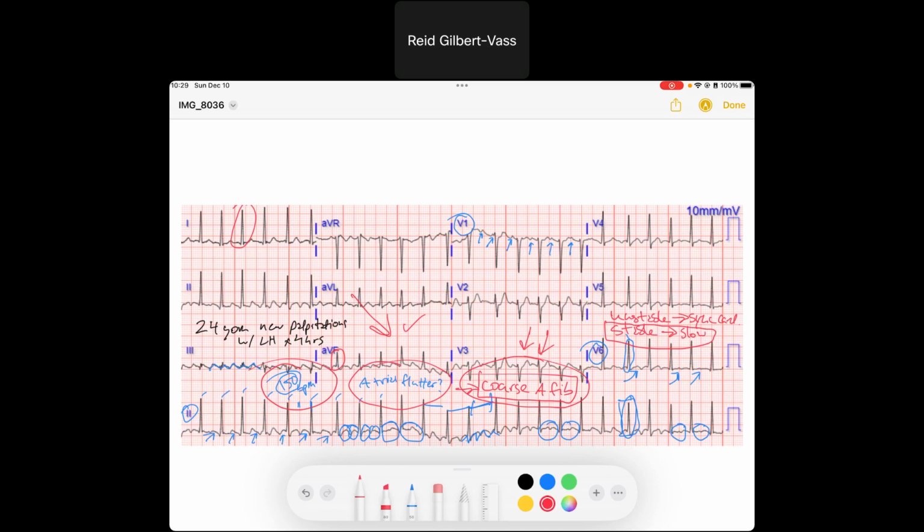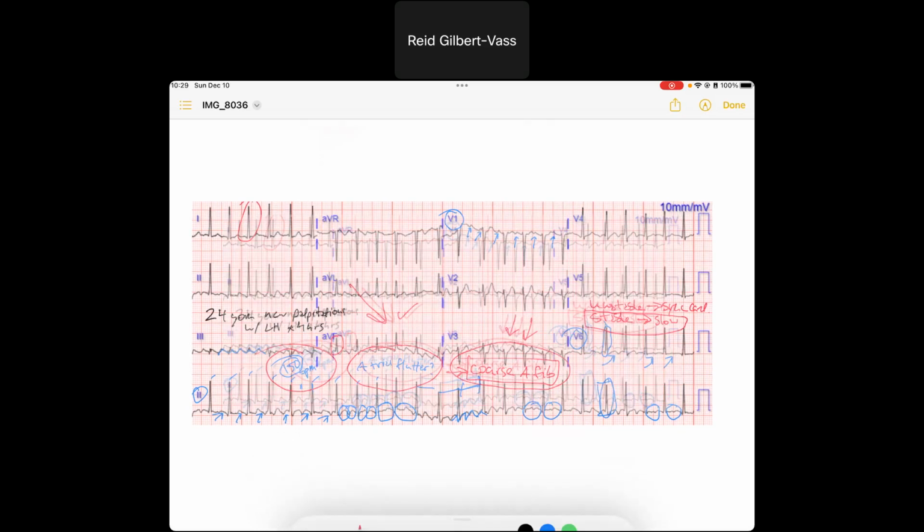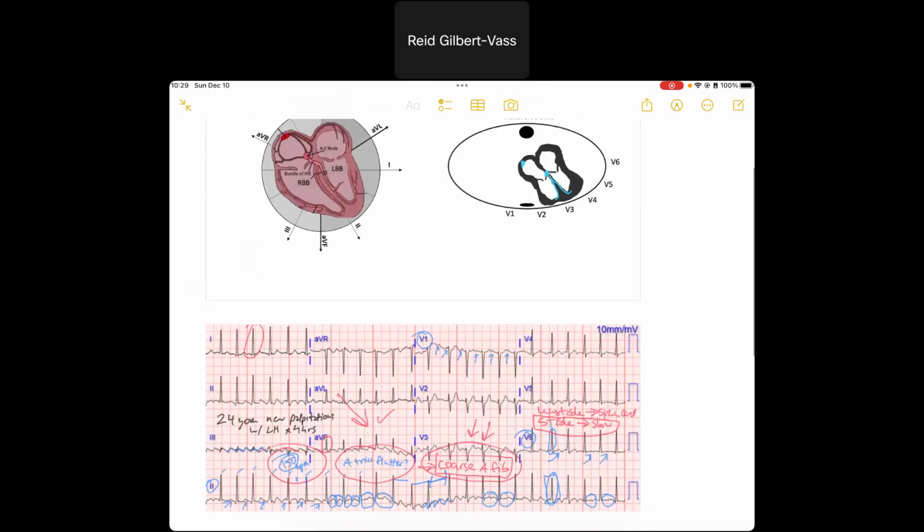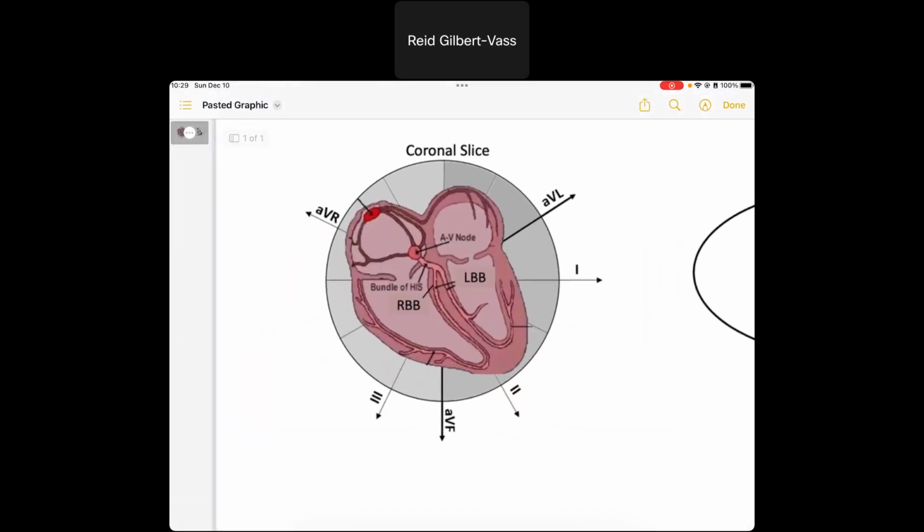Well, remember the rapid response. If I come to my chart here, AFib or A-flutter is a disease of the atria, sending signal rapidly throughout the atria. Every now and again, it'll bump into the AV node and send a signal down.